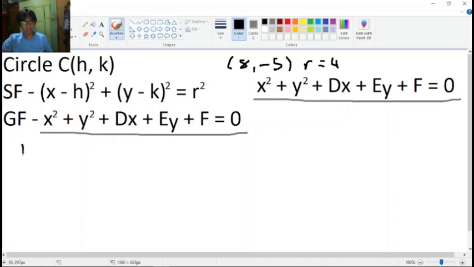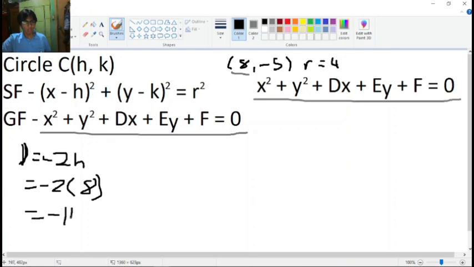So let's solve for d. It's equal to negative 2h. Substituting, we get negative 2 times our h, which is 8. Negative 2 times 8 is negative 16. So let's start writing it down: x squared plus y squared plus, since d is negative 16, negative 16x.